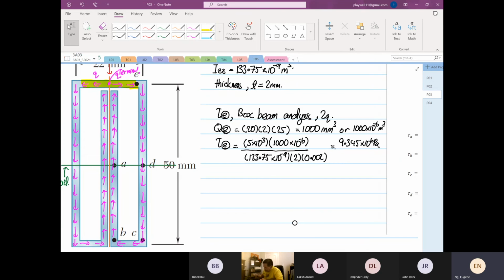Now the shear stress at point D. I'm going to do both. We are going to find from the top and from the bottom. So we're going to do the shear stress at point D, and this is also box beam.